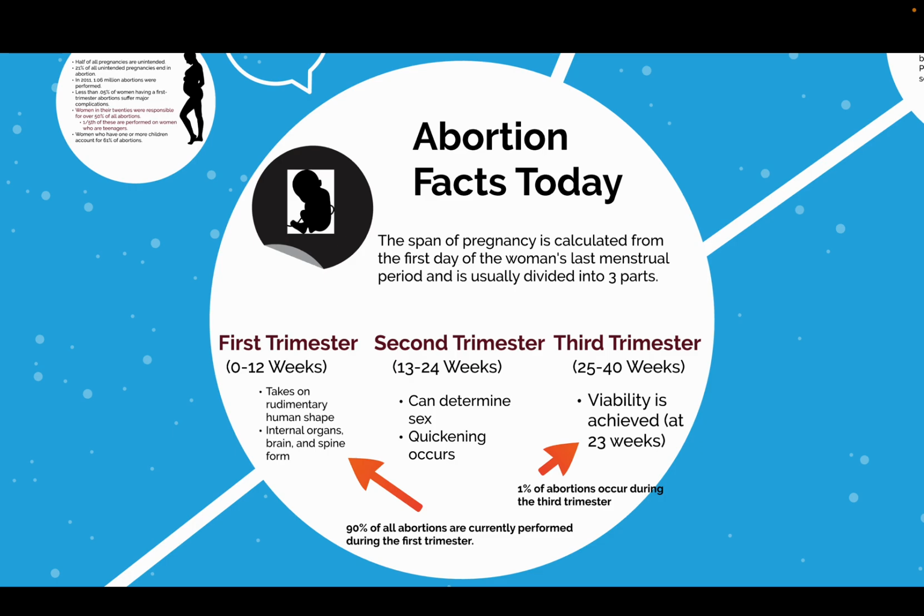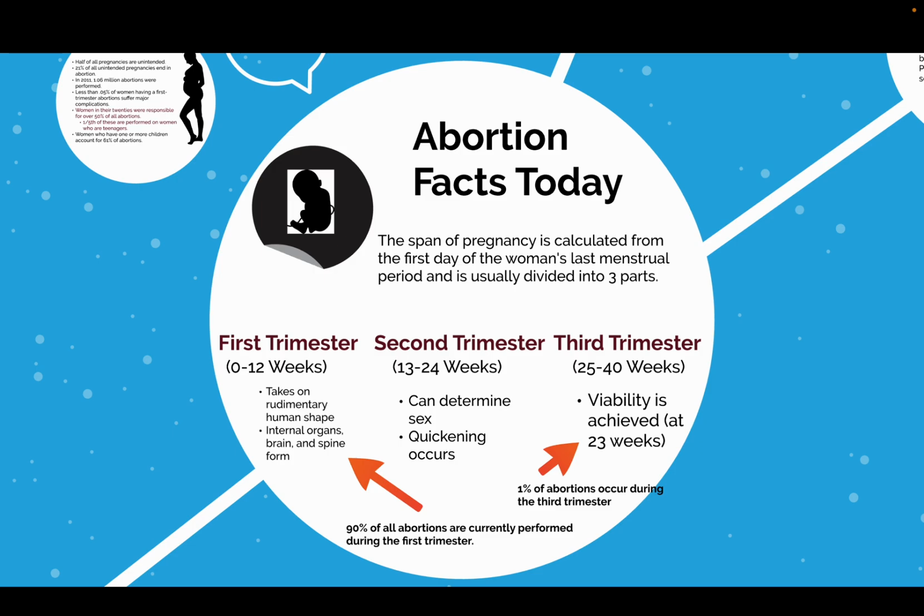Viability is achieved at 23 weeks, although these facts are a little dated. I believe we're at 21 to 22 weeks now for viability. It should be noted that 1% of all abortions occur during the third trimester, and these are virtually all therapeutic abortions because the mother's or the gestational parent's health is in danger.